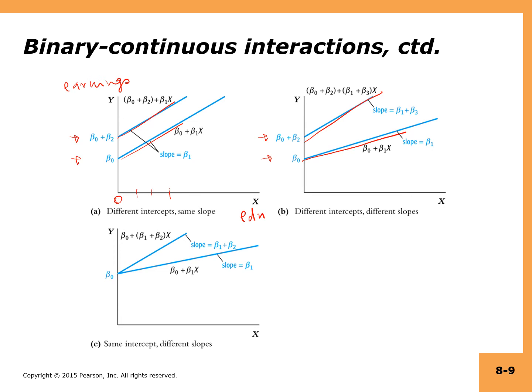We can think of a third case where for males and females, they start off at the same place, so your earnings are the same when you don't have any education. But then the slope is actually different. So maybe male has a higher return to education, so their payoff for earning a greater number of years of education is greater than females whose slope is lower. So we can model this more flexibly with inclusion of the interaction term.